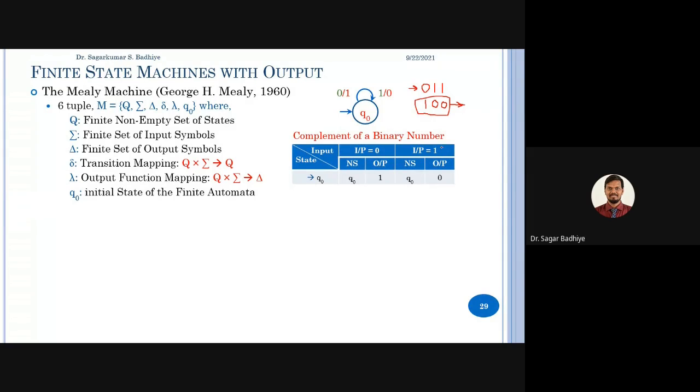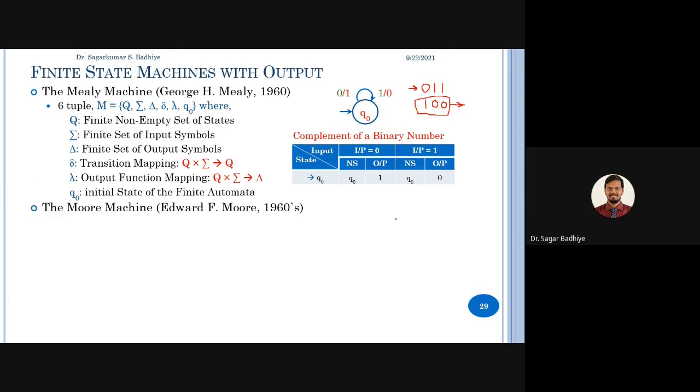Similarly, for the next input, there is a next state and output. So in Q0, if the input is 0, the next state is Q0 and the output generated is 1. Similarly, in Q0, if the input is 1, the next state is Q0 and the output generated is 0. So this is the transition diagram and this is the transition table for the same.